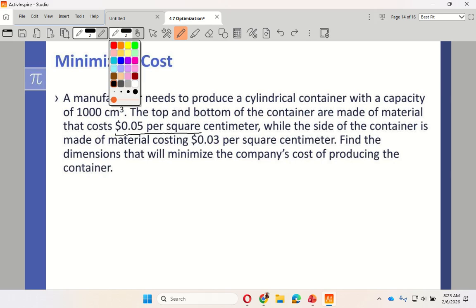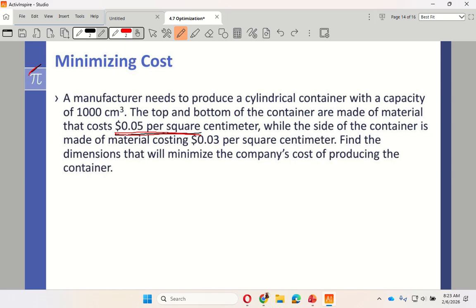What is that clue going to help me out with? It's going to be area. So I'm going to be doing an area problem. While the side of the container is made of material costing 3 cents per square centimeter, find the dimensions that will minimize the company's cost of producing the container.